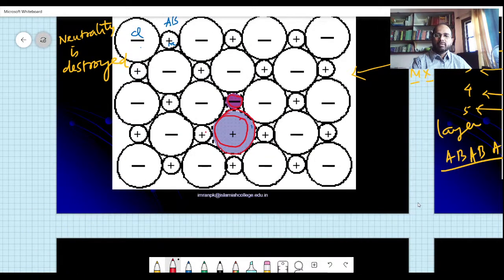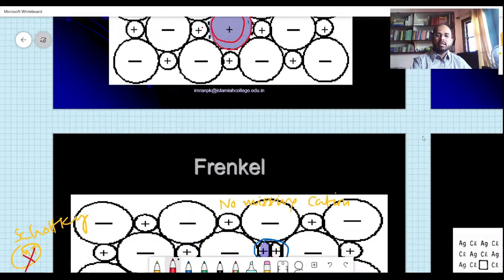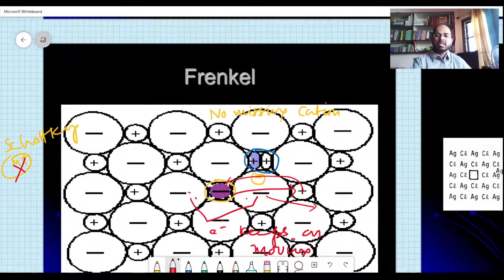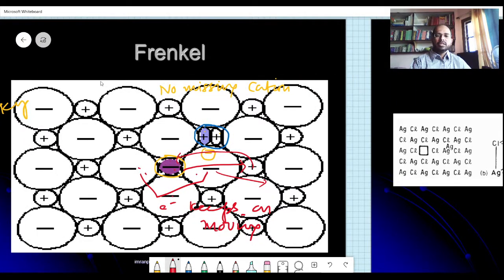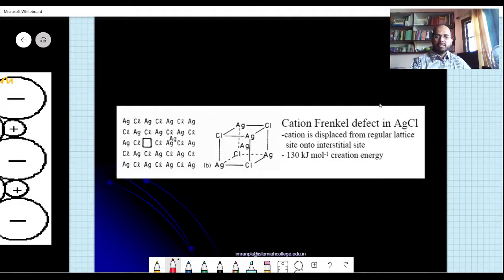So look at this defect. You have only one large cation occupying there. Okay, here at this particular place, and only one minus is there. And here there is no missing, but there is an extra cation there. So you can see that it is going into the interstitial space.